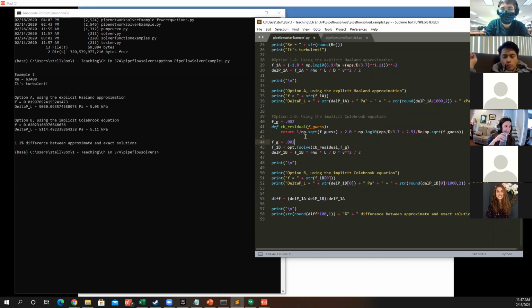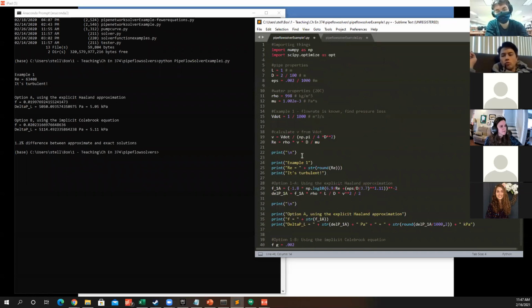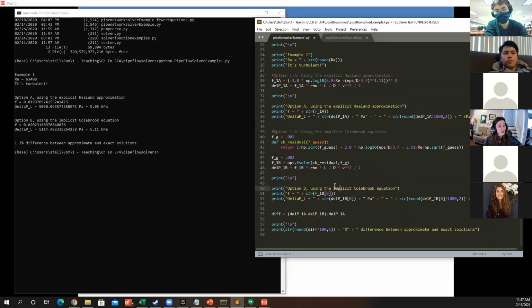Legrand is right that minimize can get you a negative number, and the friction factor cannot be negative. So that's why I use fsolve from opt. I know you use Jupyter a lot. That's fine. I just never really got into that habit.